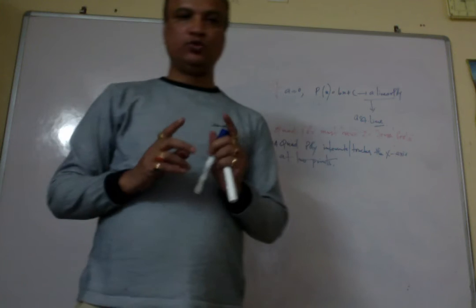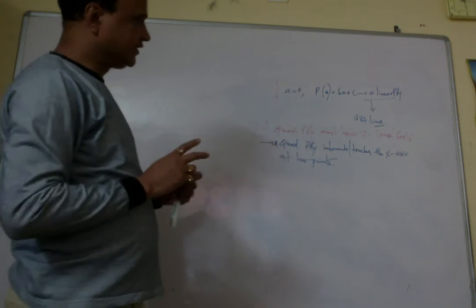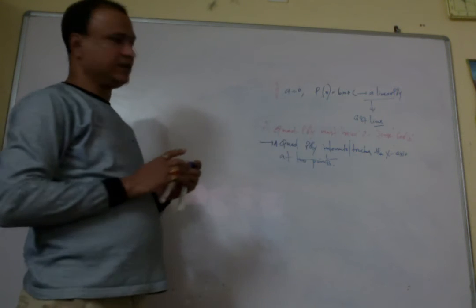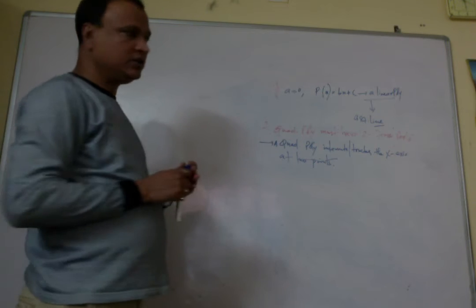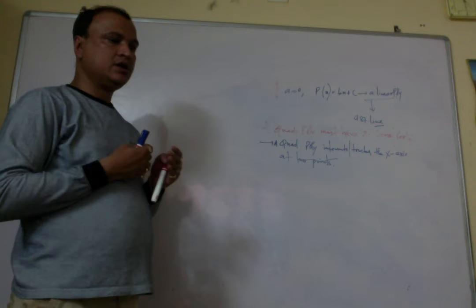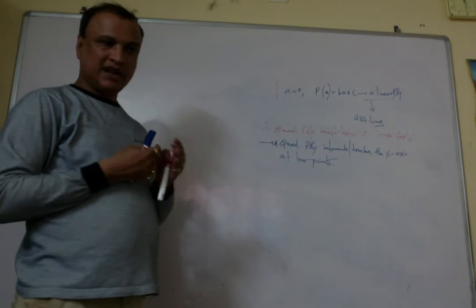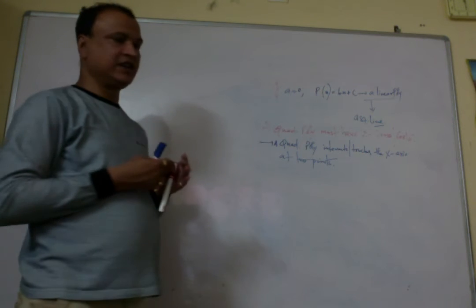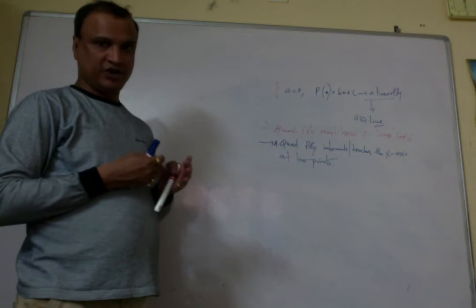The power is 2, so it intersects or touches the x-axis at a maximum of how many points? 2 points. If it is a cubic, it will touch at 3 points. If it is a polynomial of degree n, it will touch the x-axis at n points.